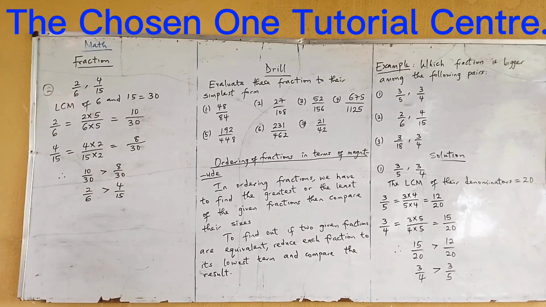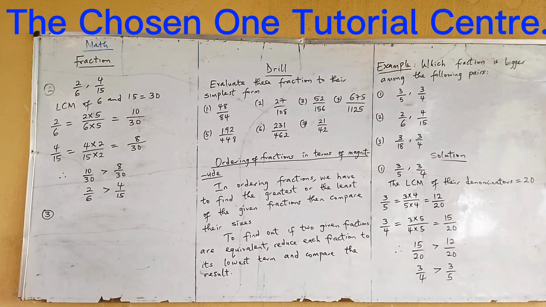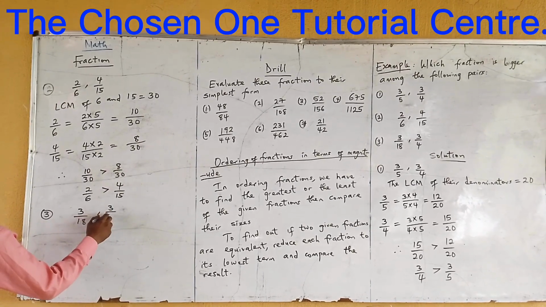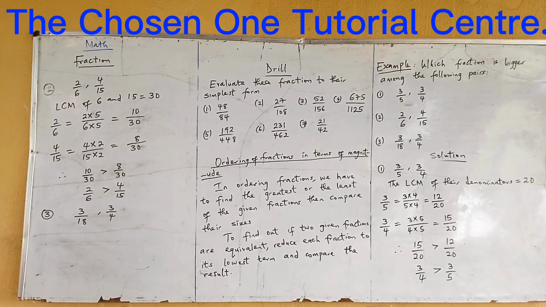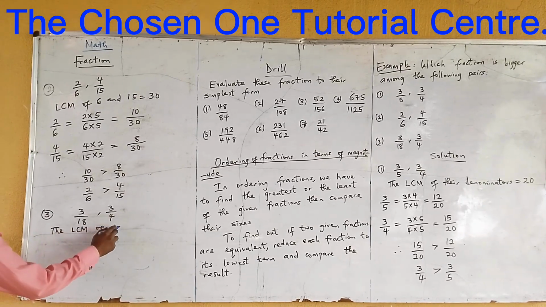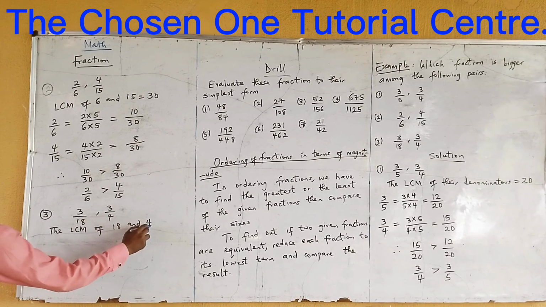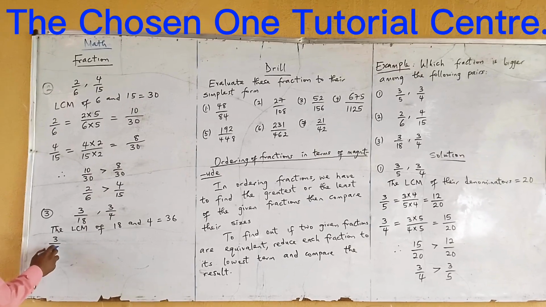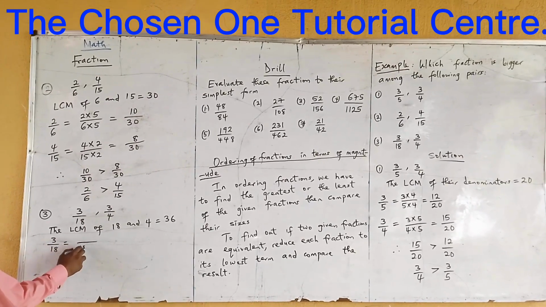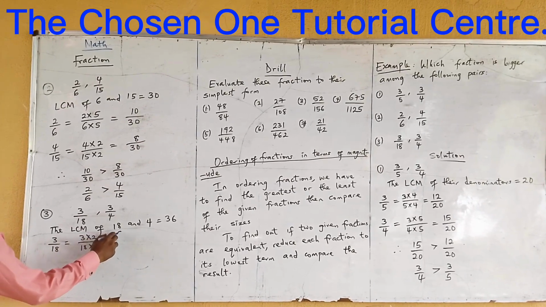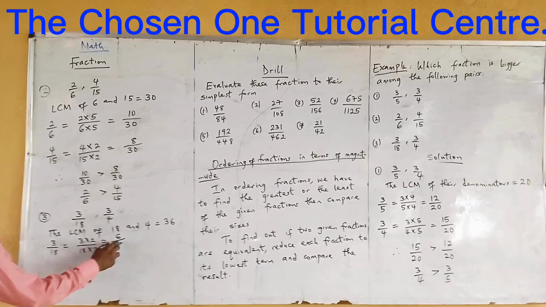So let's solve the last question for today. We have 3 over 18 and 3 over 4. So the LCM of 18 and 4 is equal to 36. So 3 over 18 here will be 3 times 2 over 18 times 2, which will give us 6 over 36.